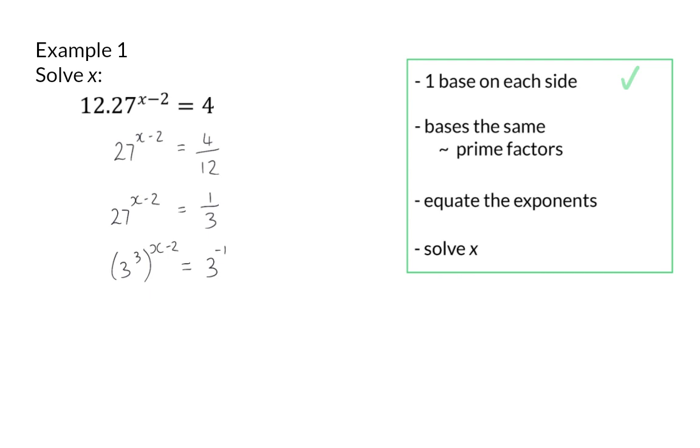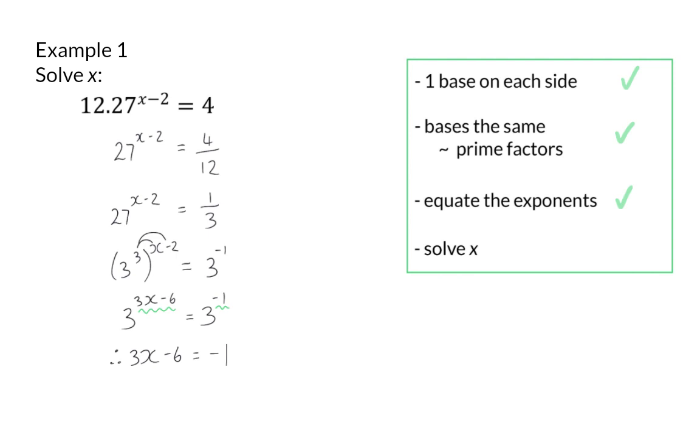Next, I can use an exponential law to simplify the left-hand side by multiplying the exponents. And once I've done that, I now have the same base on each side of the equation. Therefore, I can now take the exponent on the left and equate it to the one on the right.